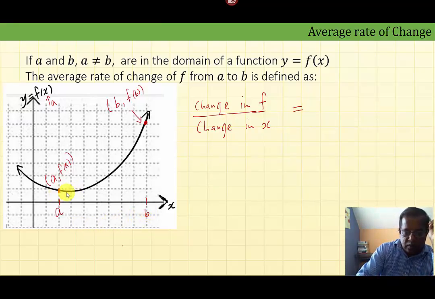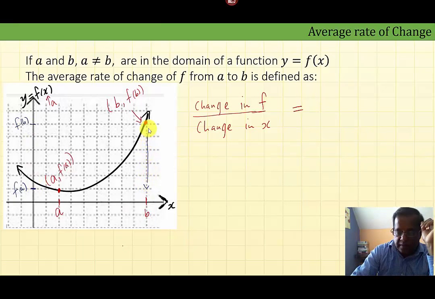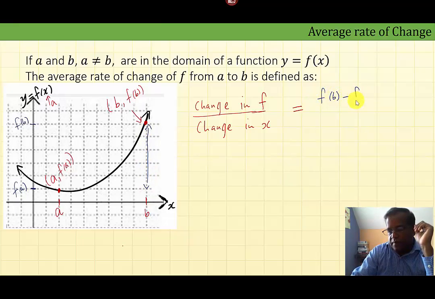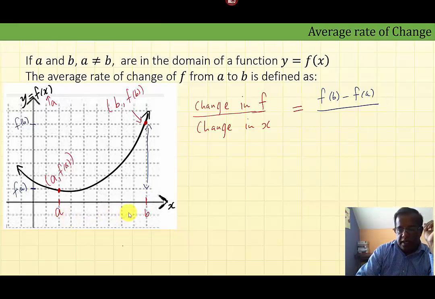The y value here is f(a), and this y value is f(b). So x goes from a to b, the y value goes from f(a) to f(b), and the change is equal to this height, which is f(b) minus f(a). And x goes from a to b, the change in x is this distance, which is given by b minus a.